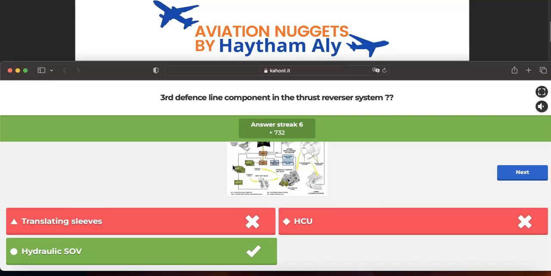And the SEC will only close the power and static relay if the aircraft altitude is less than 10 feet from the radio altimeter. The SEC and the shutoff valve are the third defense line. They are independent lines of defense, but they are the first action to happen. Okay, everybody. Let's proceed to the next question.